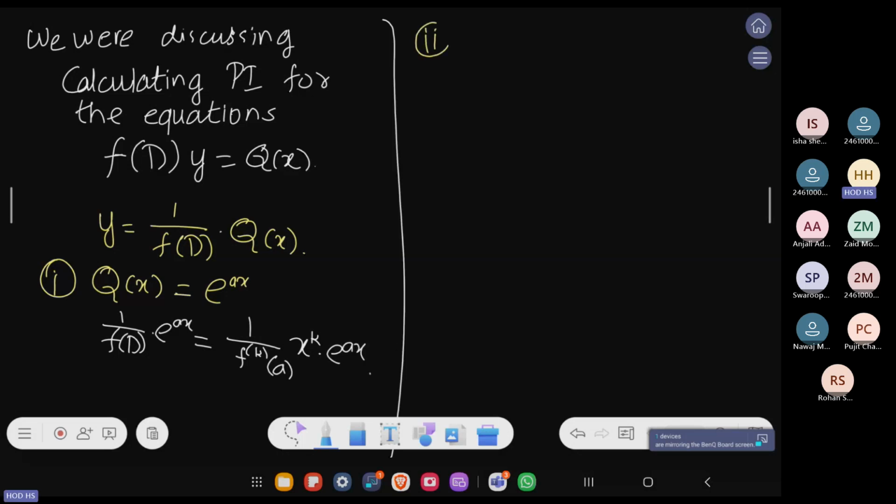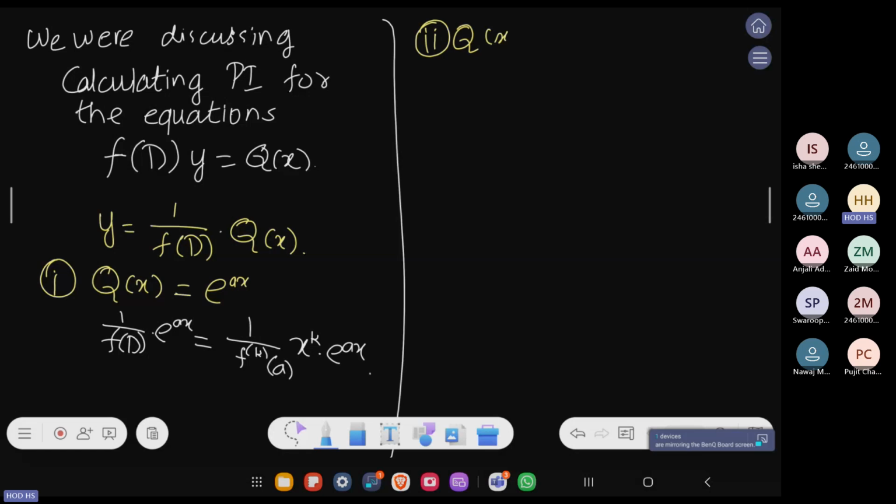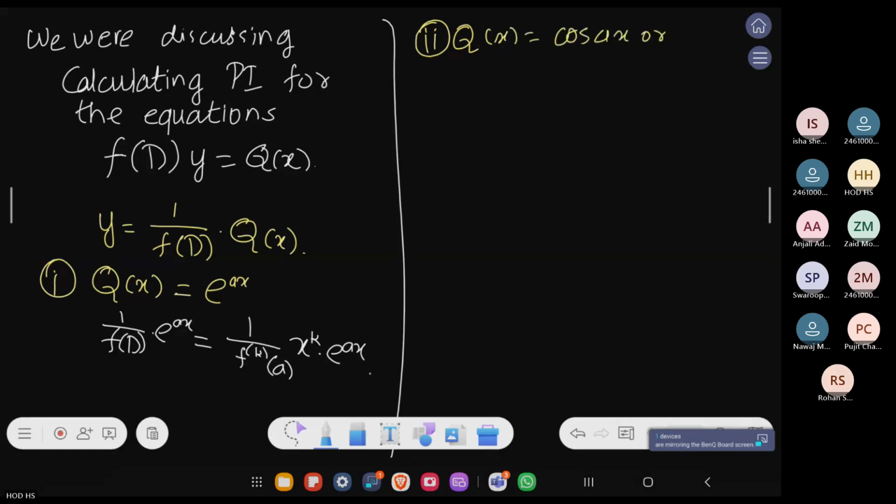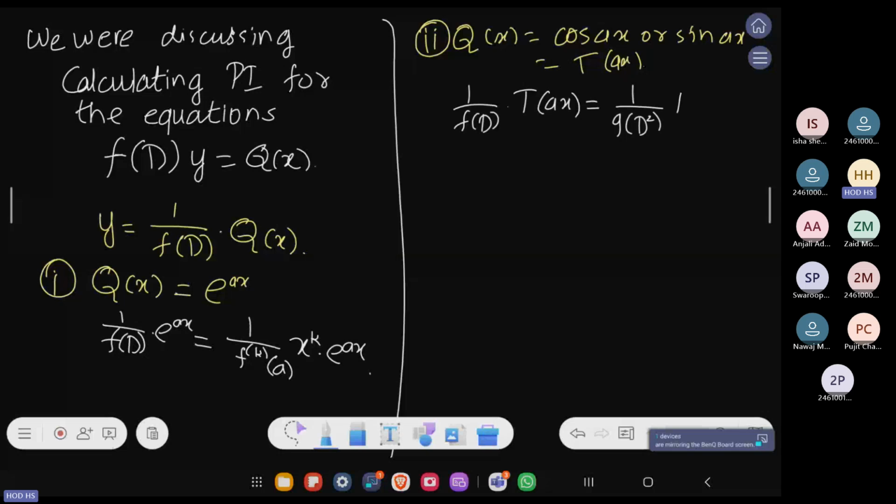Second case, when my q of x is trigonometric, cos ax or sin ax, for shorthand I will say trigonometric of ax. In that case, 1 upon f of D, this trigonometric of ax was written as some g times D square of trigonometric of ax.